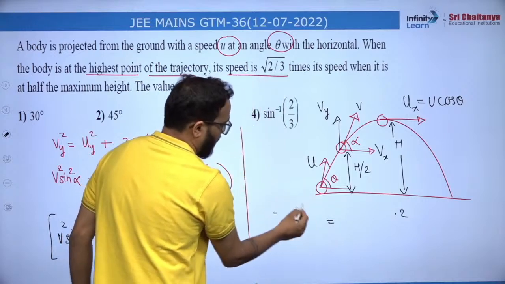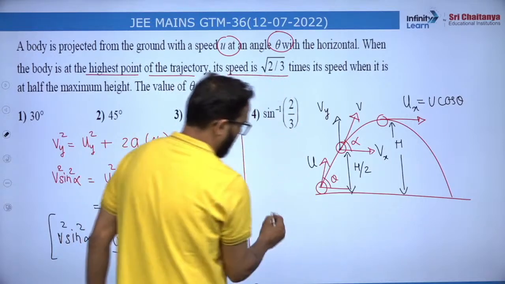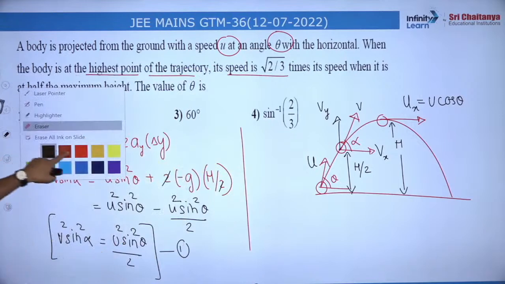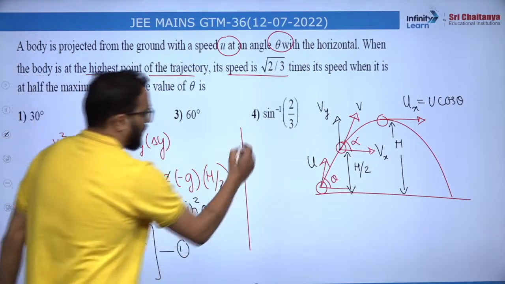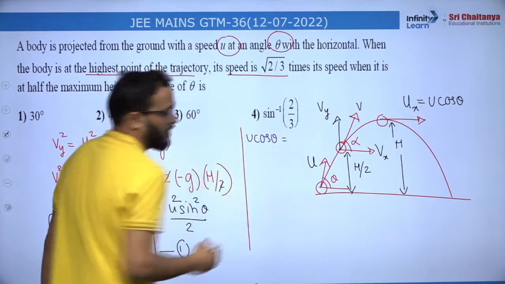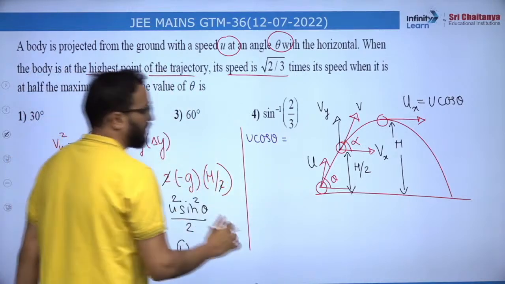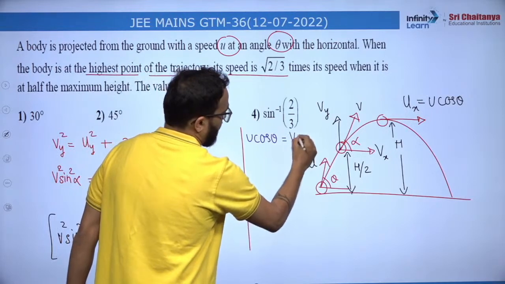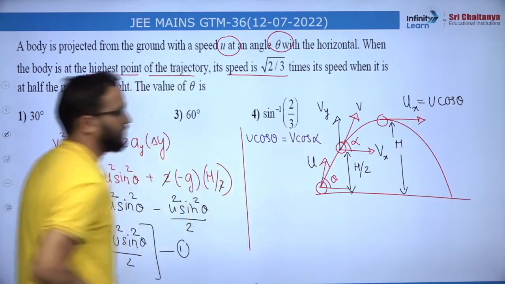Now one more thing you will say from here: that horizontal speed u cos theta will be equal to V cos alpha, right?